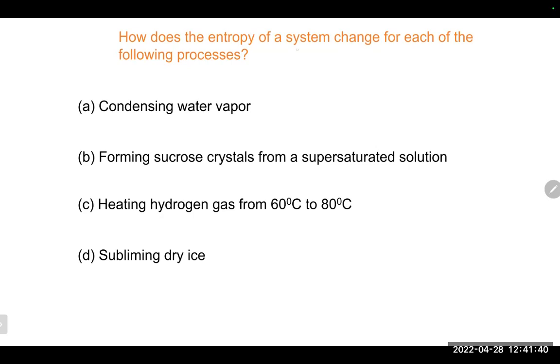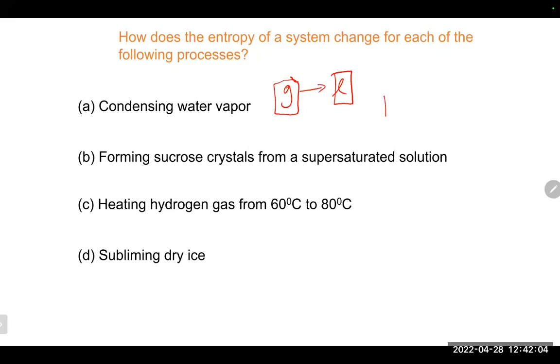Condensing water vapor. Condensation is the process where we're going from gas back to liquid. That means we're going from the gas phase, where there's a lot of things flying around, a lot of disorder, to the liquid state where they're not flying around and come together a little bit more, to a more ordered situation.